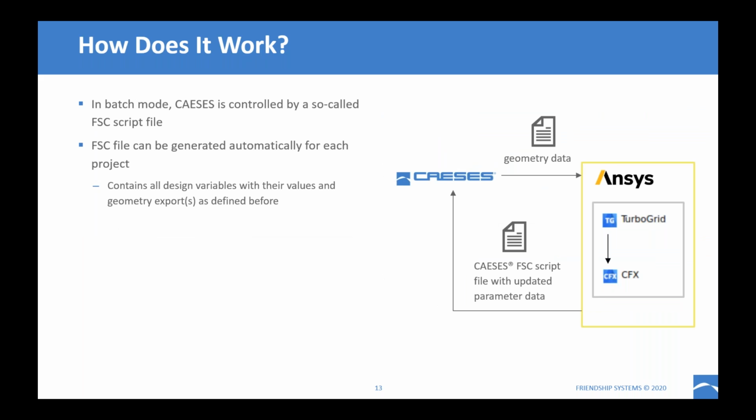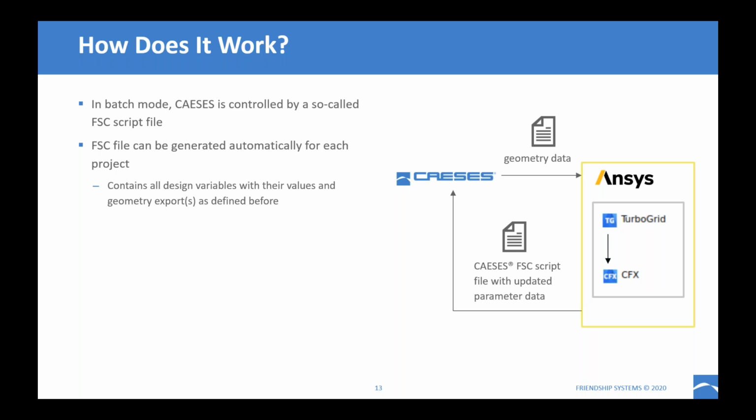Through the Workbench app, CAESES is run in batch mode, and it is controlled by a so-called FSC script file. This is a script file that contains the parameter data that we want to send to CAESES, and it also contains some commands for the geometry export.